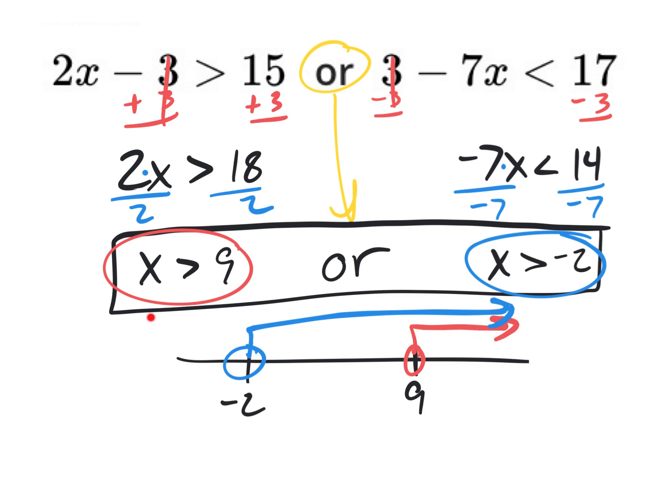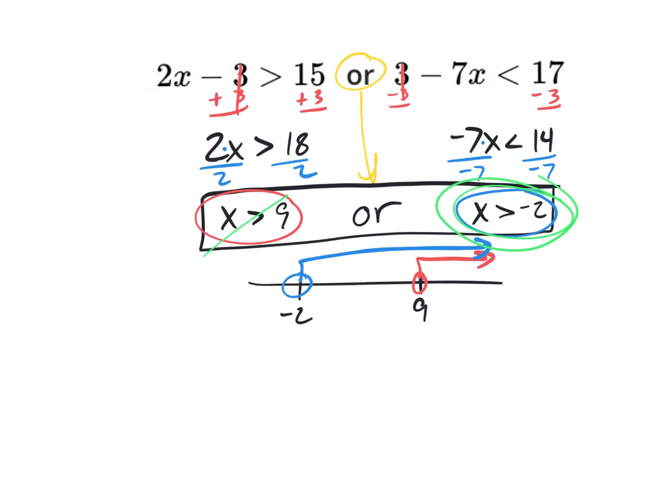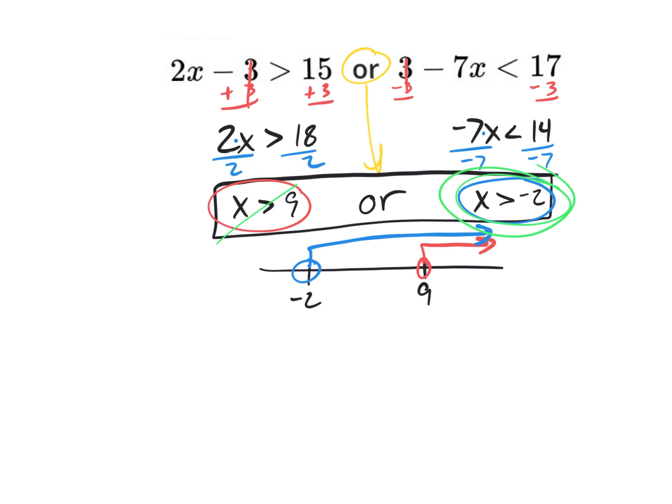So it's not over here, it is from here to the right. So all you're going to write is that answer. This is the final answer right here. X is greater than -2. You're not going to mention that one because of the word or, okay? So if they're going in the same direction, with the word or, it's going to be the first one in that direction.